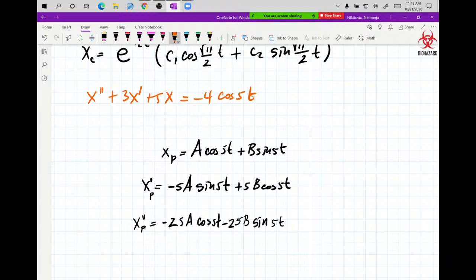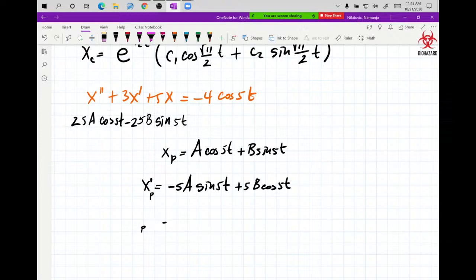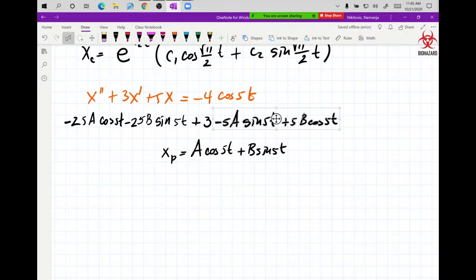All right, so we start with the x double prime, which is this. That negative. Plus 3 times the prime. So that's this. And it has to go in parentheses.